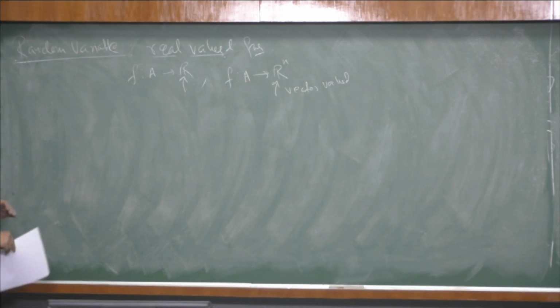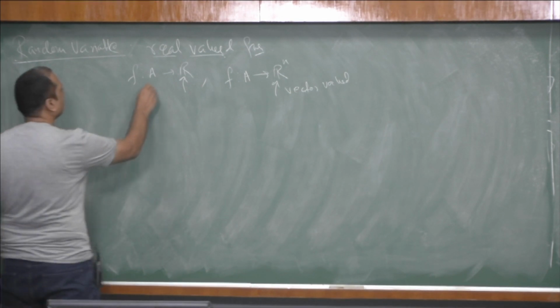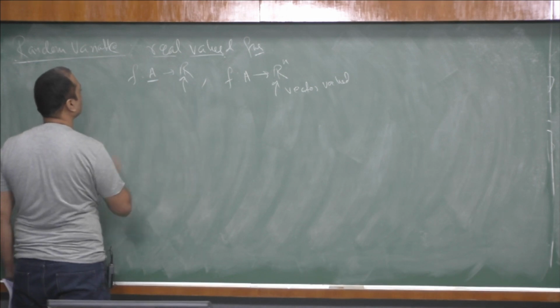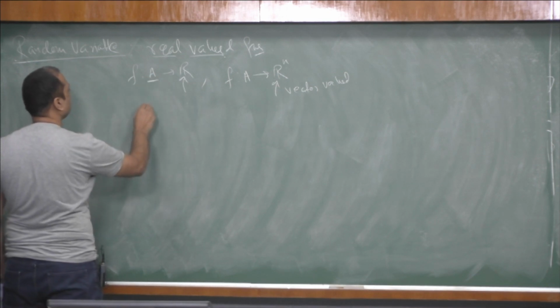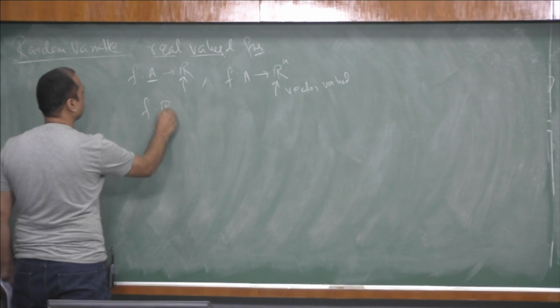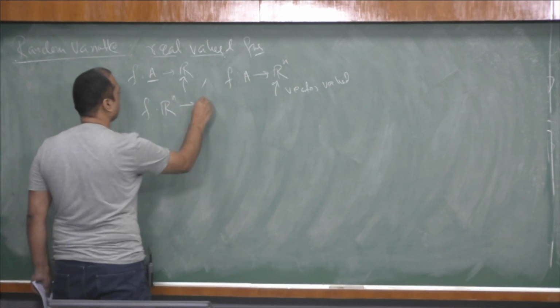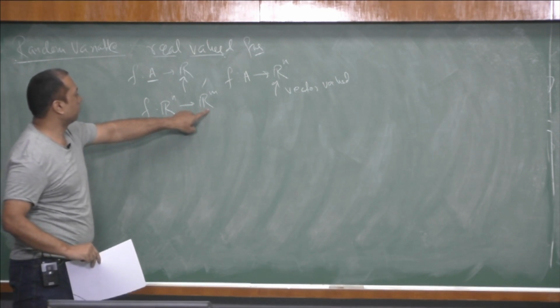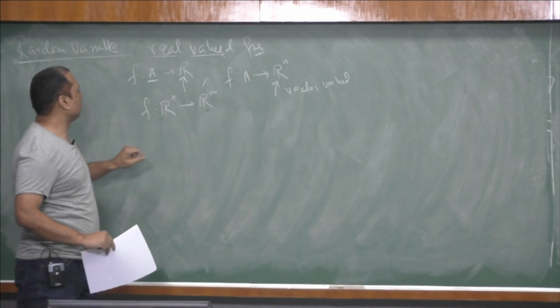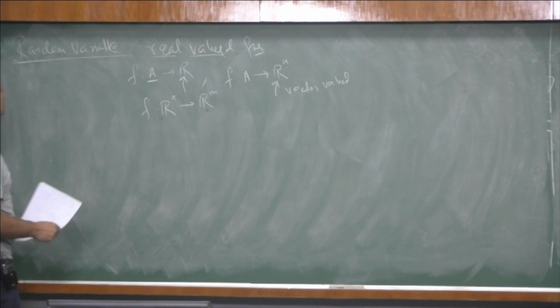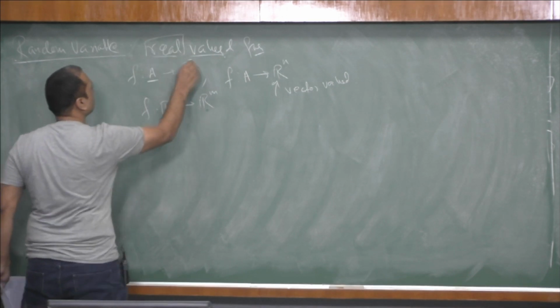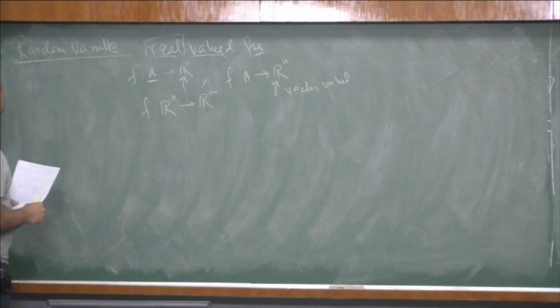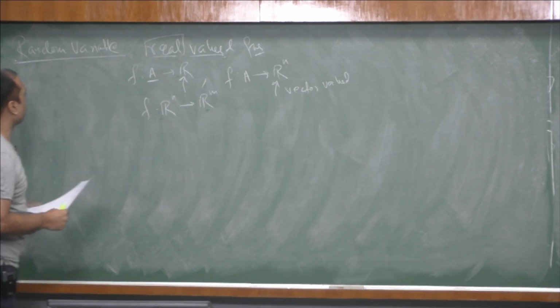Sometimes it's a scalar function, sometimes it's multivariable, so in general it can go from Rn to Rm, a multivariable vector valued function. So we can have many scenarios here. What we are dealing with is a real valued function; the output must be real.